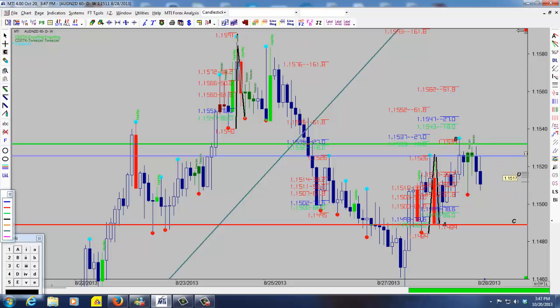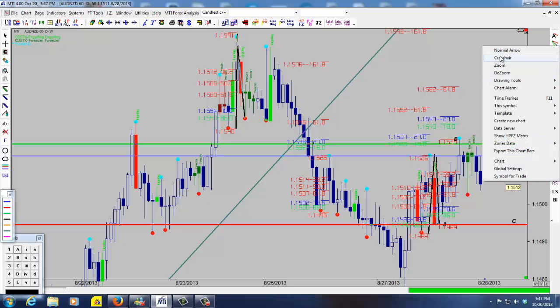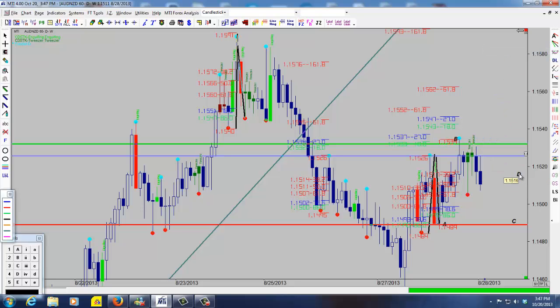There's B. And D comes up now to the 618 extension. C is at the 618. That's why these are color coded. Makes it easy, right? If you come to the 38.2, the 50% of the 618 fib retracement, you go to the 618 extension. Okay?